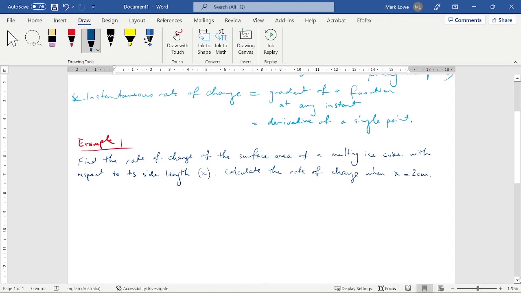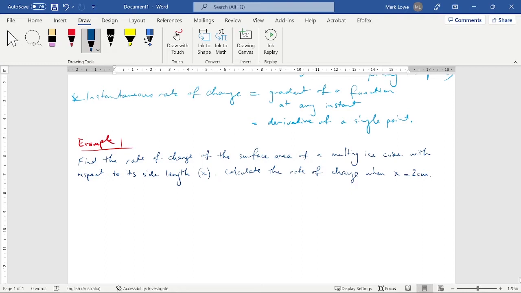So in this particular problem, we're finding the rate of change of the surface area of a melting ice cube with respect to its side length. We're assuming in this case that the ice cube is actually a perfect cube, even though we know they are generally not. In fact, I don't think I've ever seen a perfect ice cube. But we'll make that assumption for the moment.